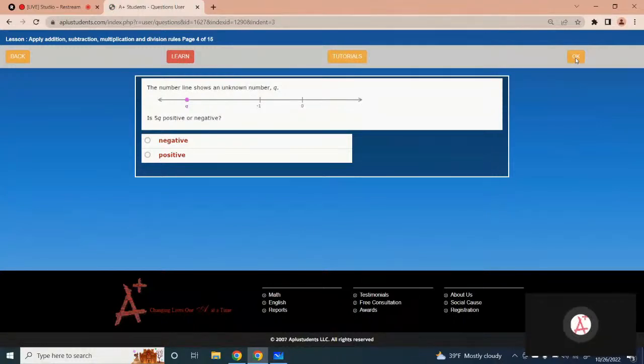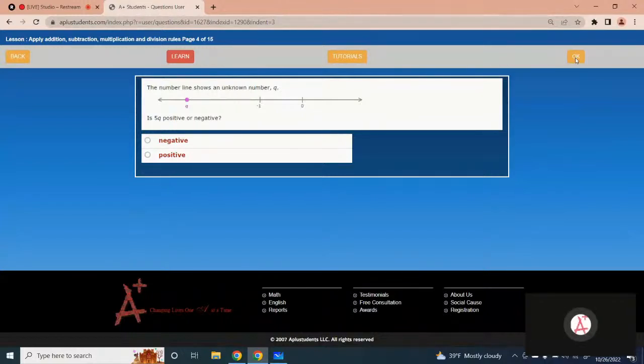Okay, the next one is the number line shows an unknown number q. Is 5q positive or negative? So q is at the left hand side of the 0. That means q is a negative number. Got it? You are multiplying 5 to q. So 5 is a positive number, but q is negative. So when you multiply a positive number times a negative number, the answer must be negative.